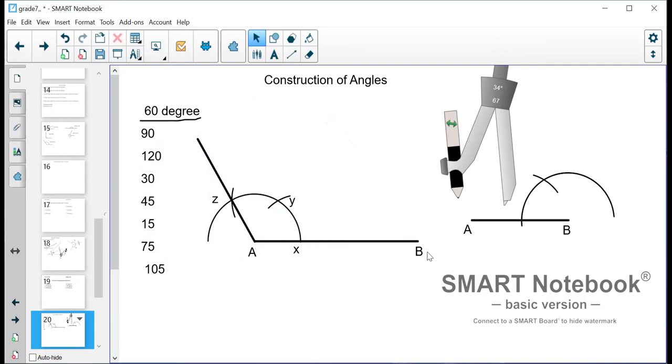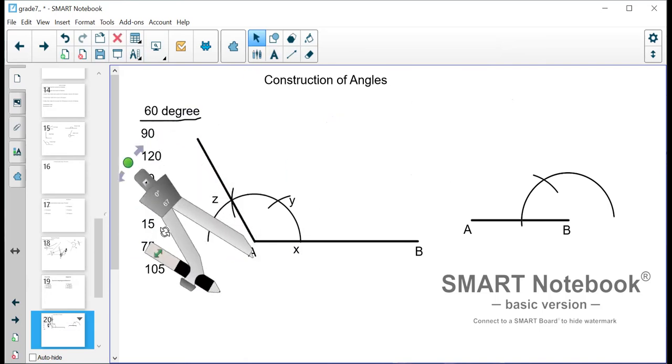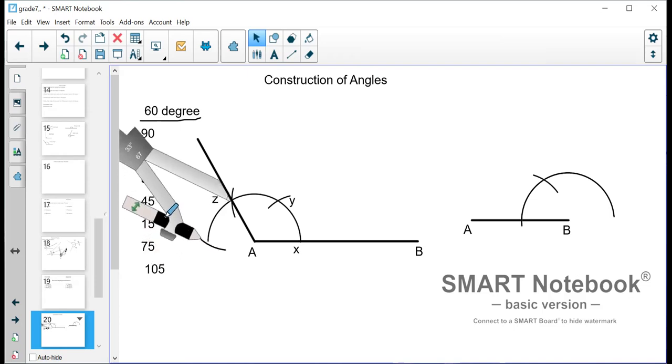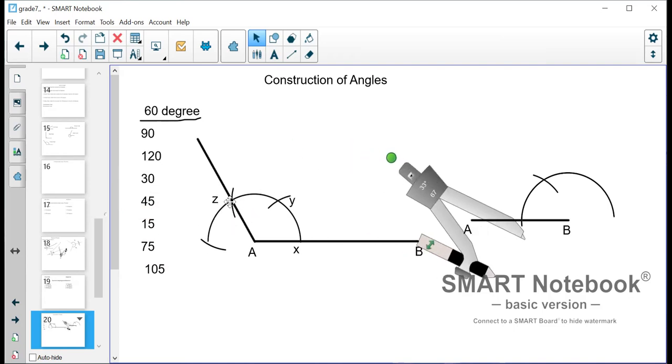You just draw your line, draw the arc, mark 60, go on 60, mark another 60, that would give you 120. And of course, if you mark a third arc from Z, there, of course, it did not intersect, but that will give you 120 plus 60, which is 180.